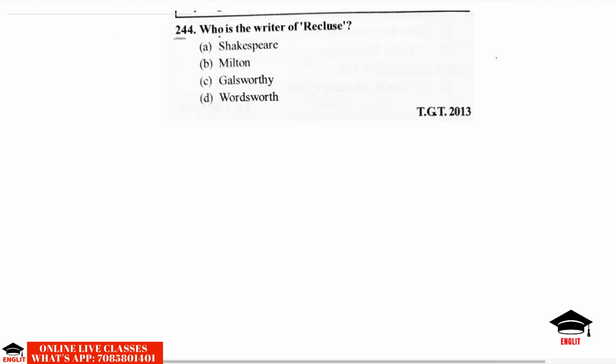Next question, who is the writer of The Recluse? Shakespeare, Milton, Galsworthy, Wordsworth. The correct answer is William Wordsworth. And what is The Recluse? The Recluse was Wordsworth's bigger enterprise, which was never completed.